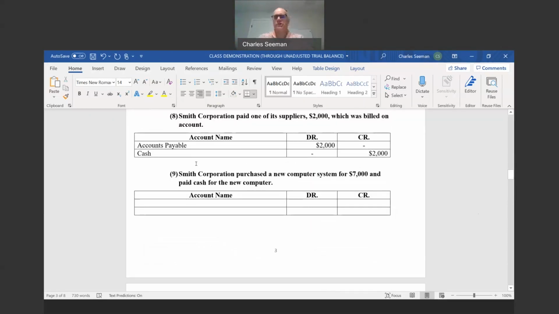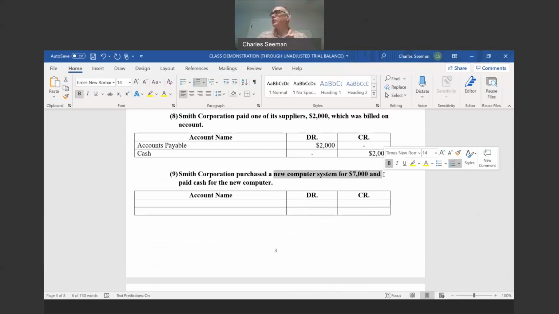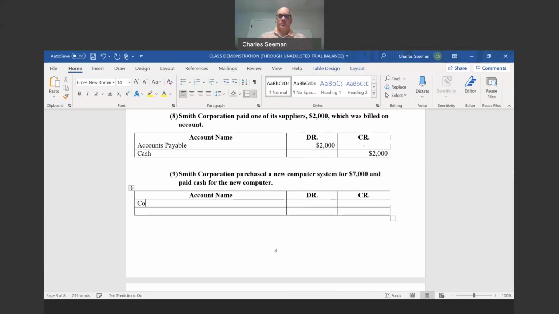Smith Corporation purchased a new computer system for seven. So, got a new computer system. The computer system is a resource owned and used by.